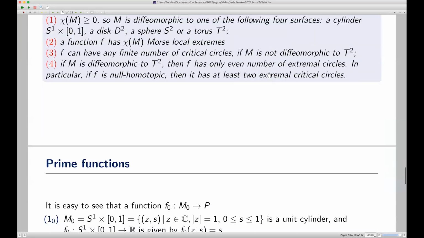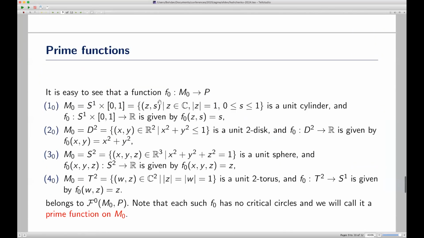And it is easy to see that these concrete functions belong to this class. So these are the concrete formulas, the simplest functions from this class. For the standard cylinder, f is a height function. For a disk, f is a sum of squares.